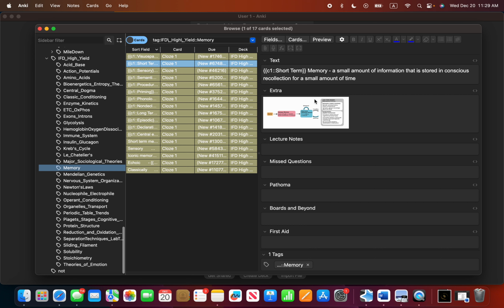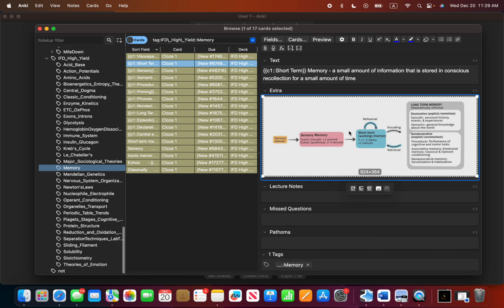Short-term memory is a small amount of information that is stored in conscious recollection for a small amount of time. We start with sensory stimuli.